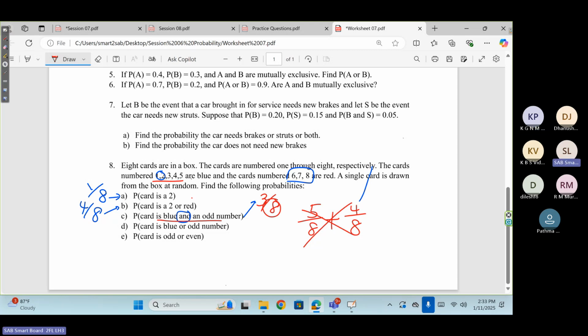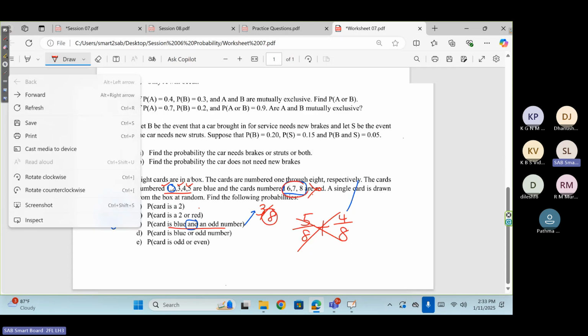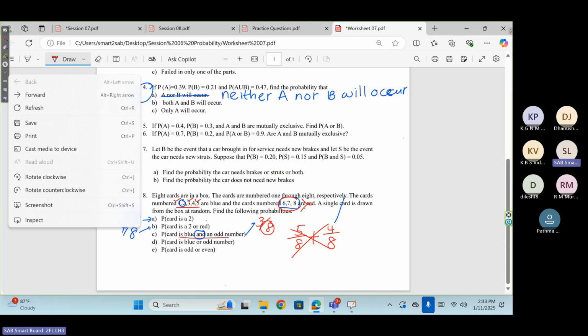Then these 3 cards are red color. No, we cannot take. Blue and the odd numbers. Then here 1, 3, 5 are odd numbers and the blue color. Then we take the 3 over 8. Okay. It's clear, not the 5. Okay.